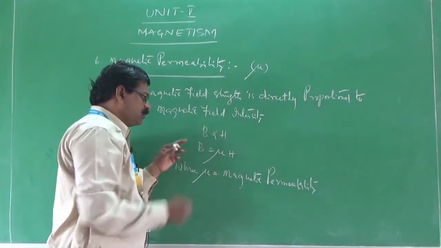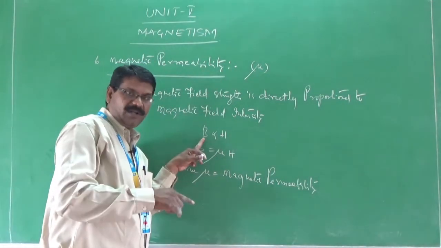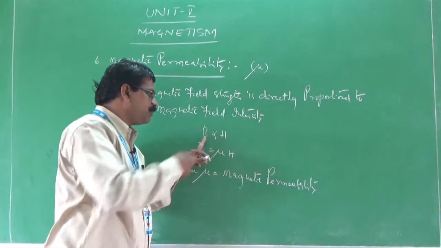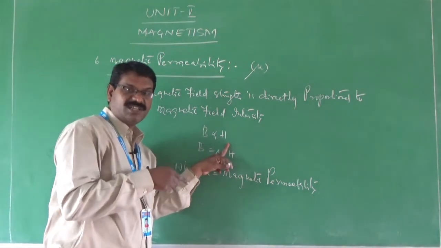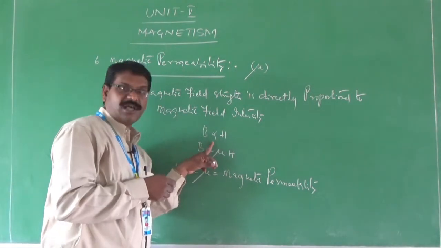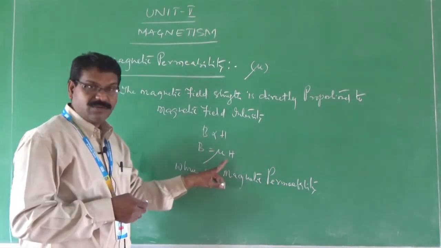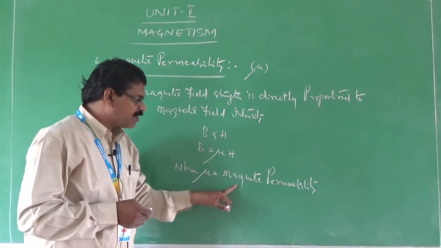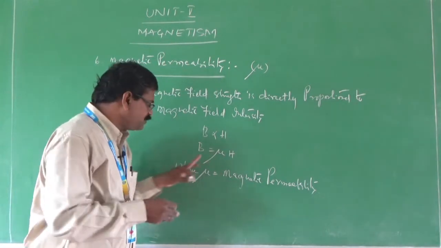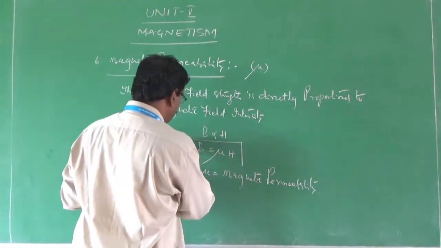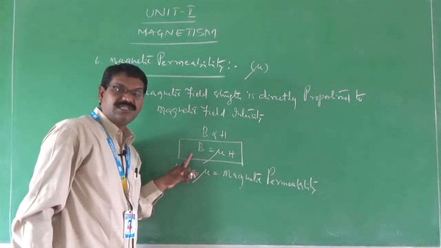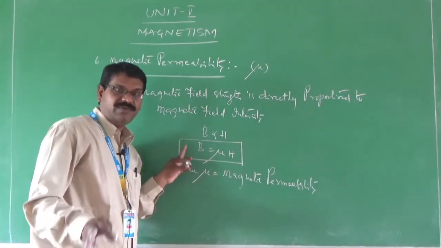Whenever the magnetic field strength is directly proportional to the other parameter called magnetic field intensity, if you want to remove this proportionality, we have to put one constant here, that B is equal to mu H, where mu is called magnetic permeability. But if you look at this equation, B is equal to mu H, it is completely in a medium.